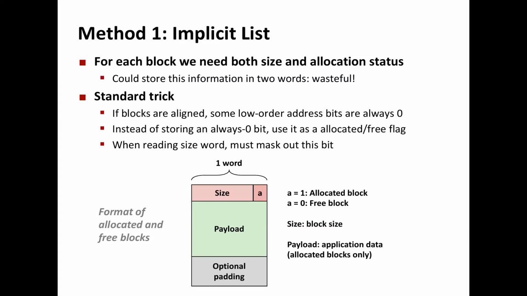So any other ideas how we can do that? Any guesses? What was the question? Well, it seems like I have to be double word aligned for the payload, but the size is only one word, right? So it's not 2 words.